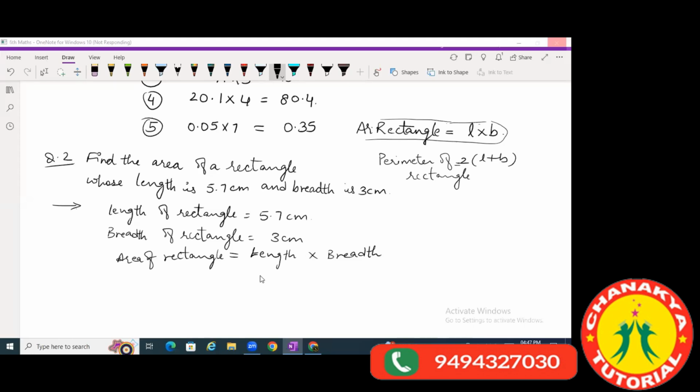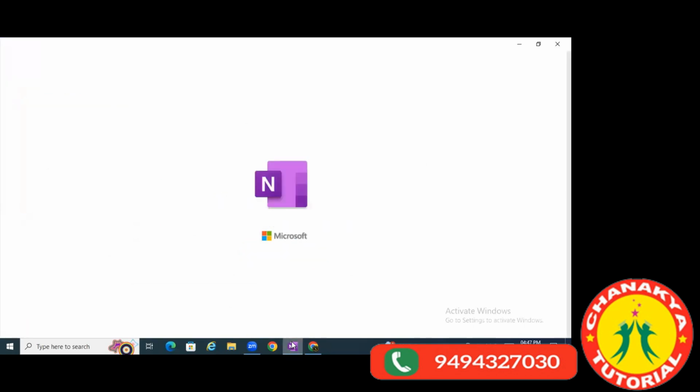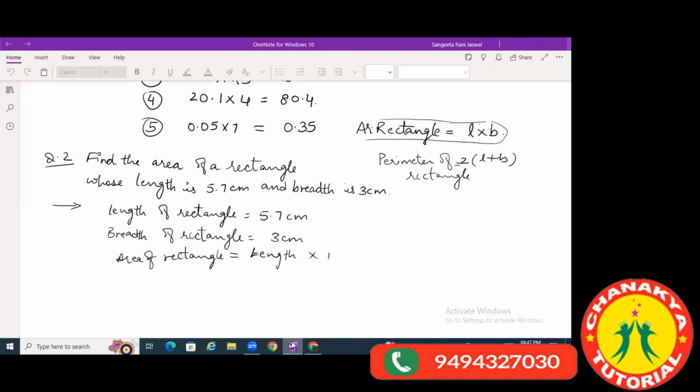Now under length, please write 5.7 centimeters multiplied by breadth 3 centimeters, and then you write your final answer.